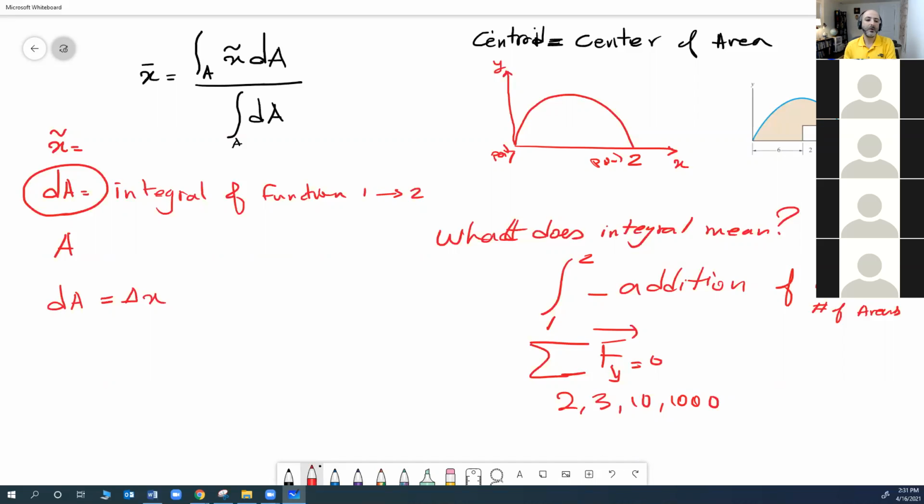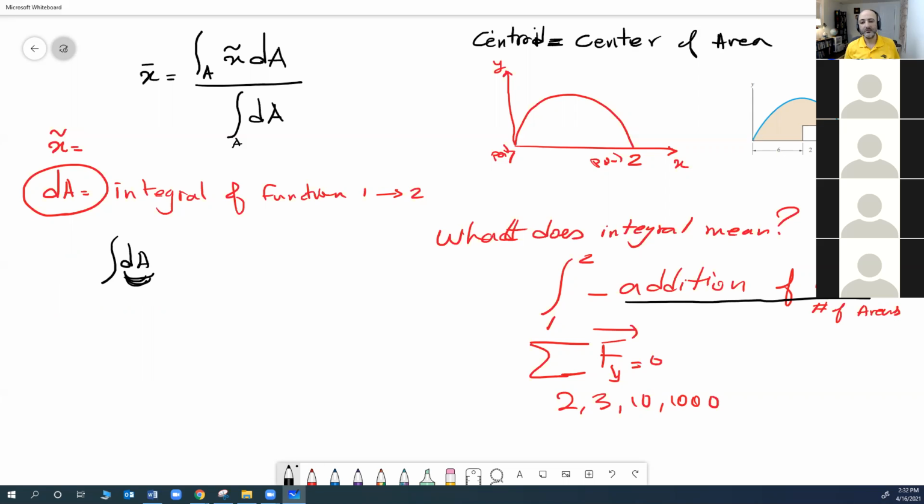So now let's go back and figure out what dA is again. Can you tell me what dA is when I say integral of dA? So I'm integrating dA. What does integral mean? Addition of an infinite number of what?